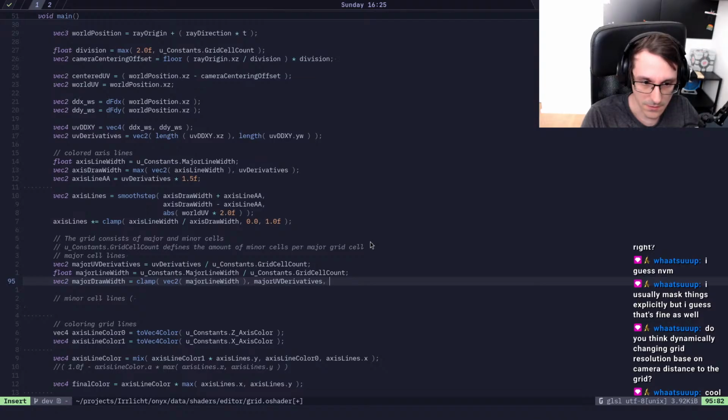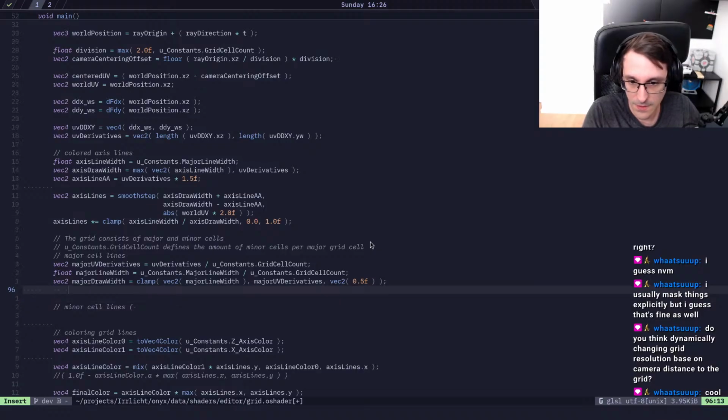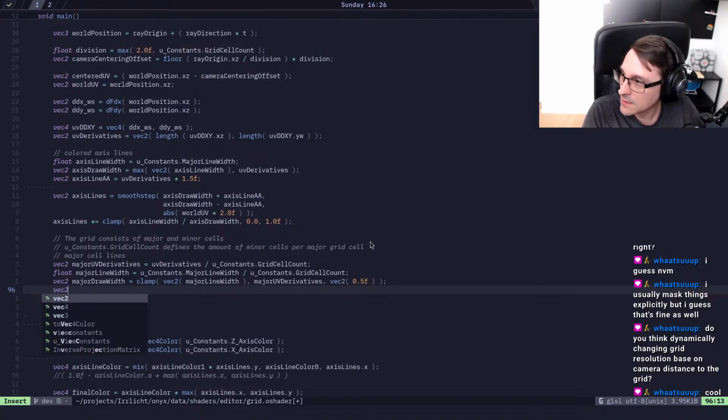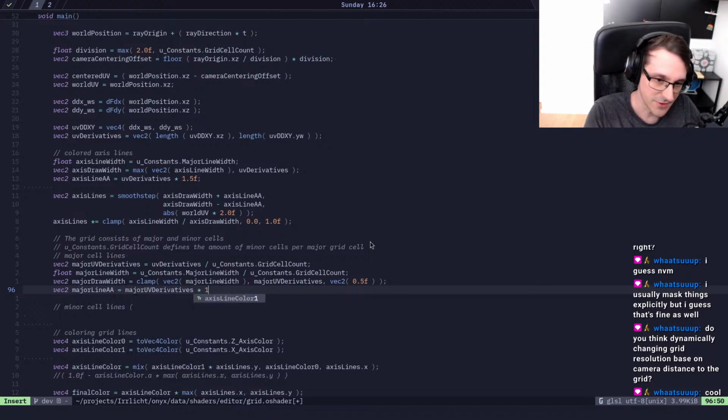And vec2 of 0.5, because we definitely don't want to go lower than that, I think. And then let's do a vec2 major line AA again, which is our major UV derivative scaled by 1.5.